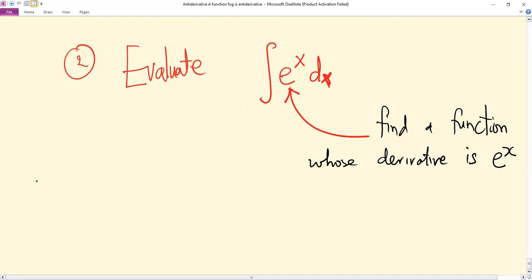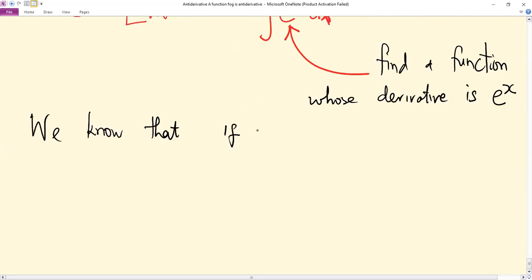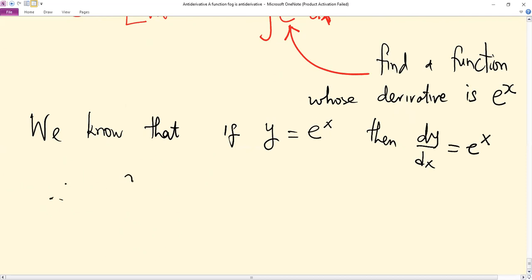And from our work on differentiation, we know that if y is given by e raised power x, then dy dx is still e raised power x. So a function whose derivative is e raised power x is the same e raised power x. Therefore, the integral of e raised power x dx is e raised power x plus c.